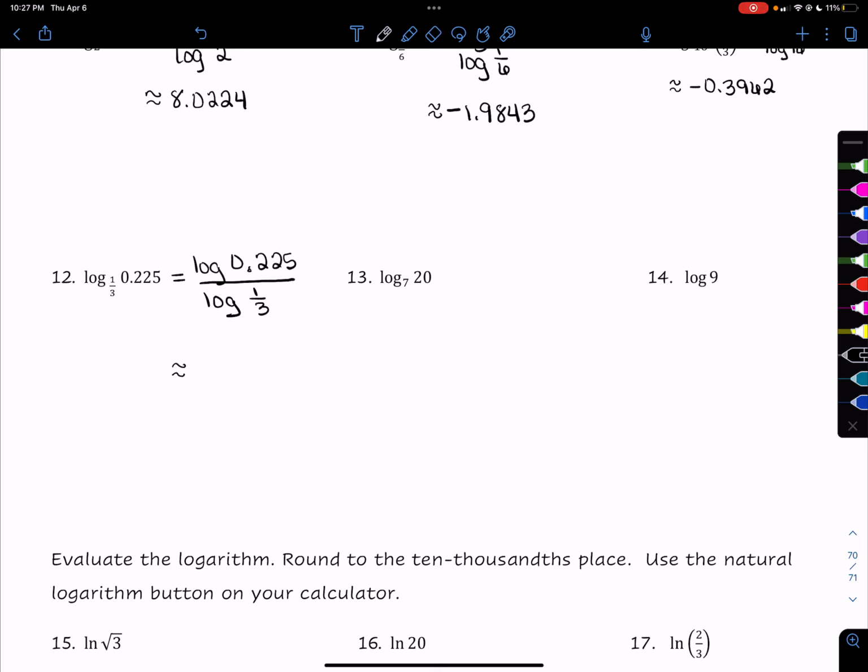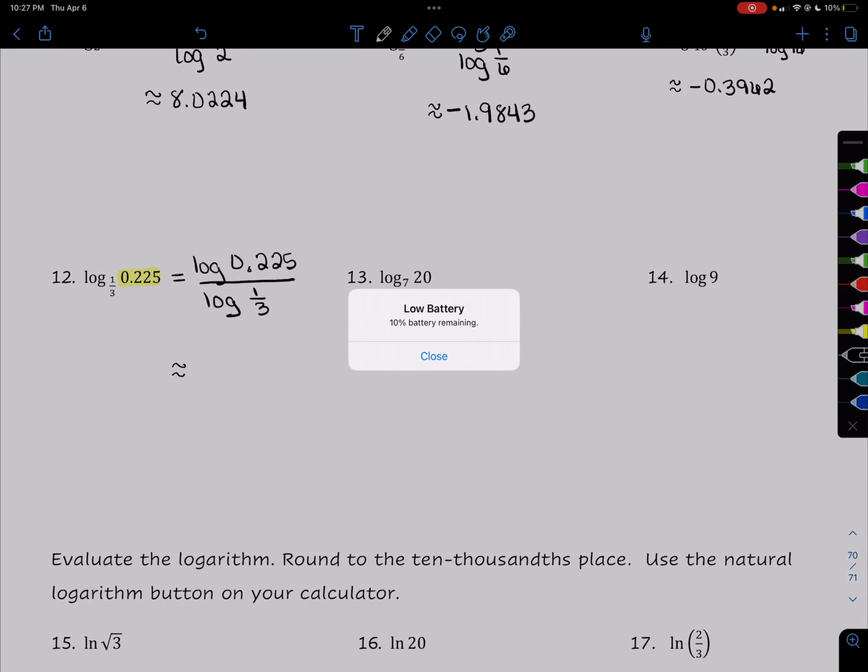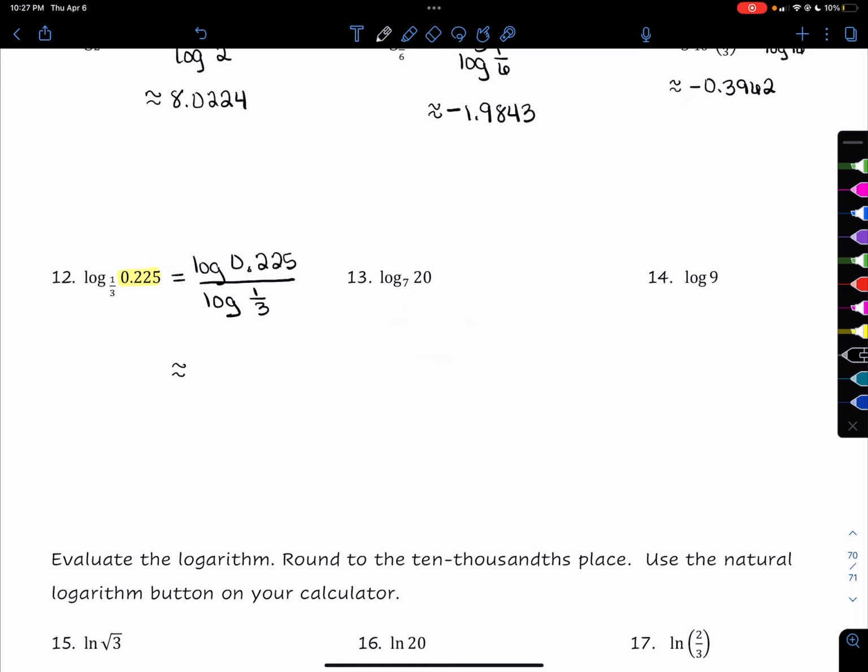Now you may think they're both not fractions, but this decimal here can actually be written as a fraction, 225 over 1,000, because it is in the thousands place. So this one here will be a positive number, and your solution will be approximately 1.3578. Remember, I'm rounding on that 4th digit.